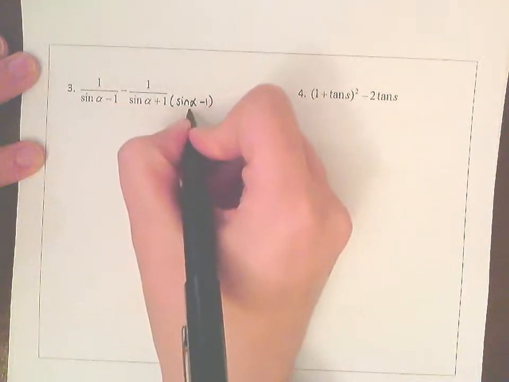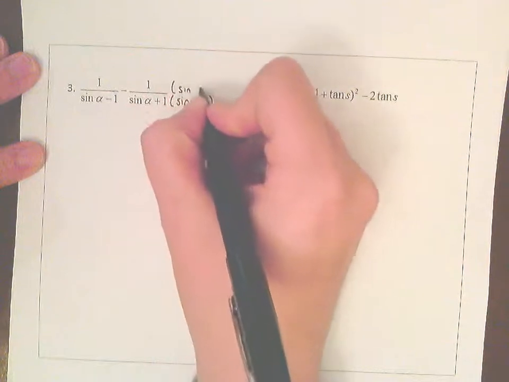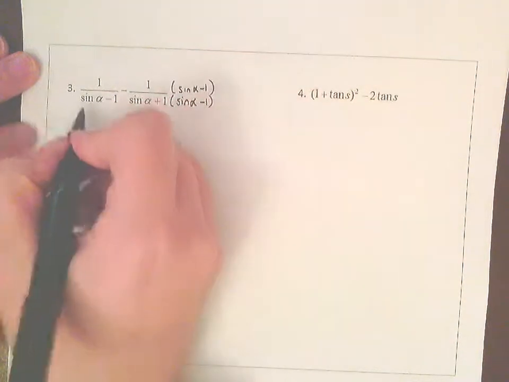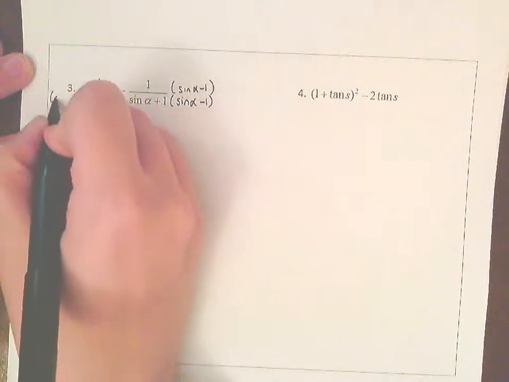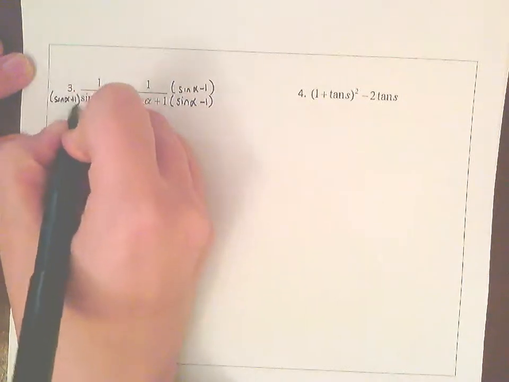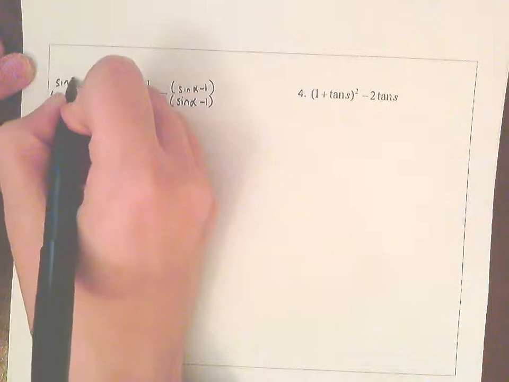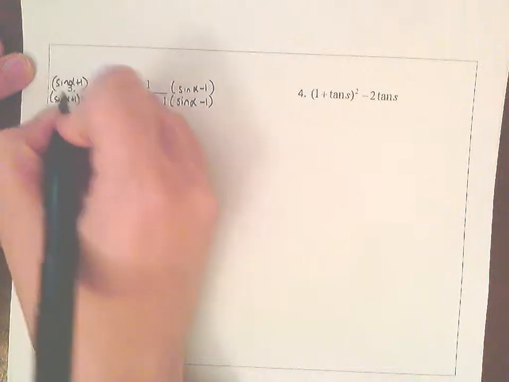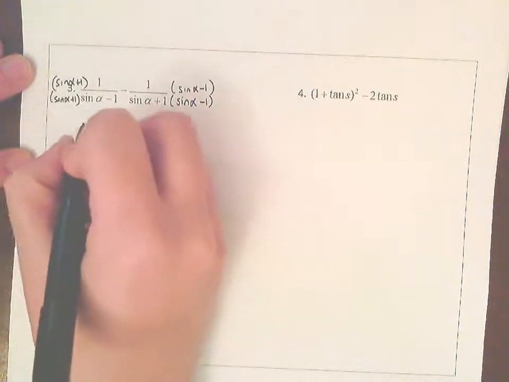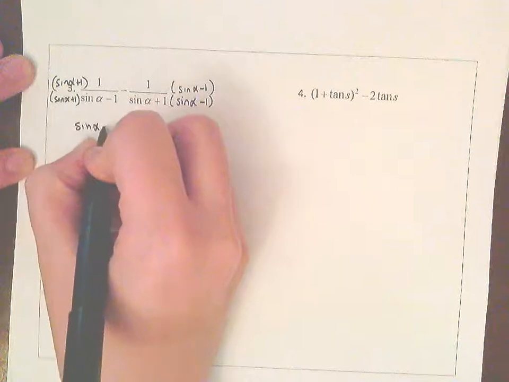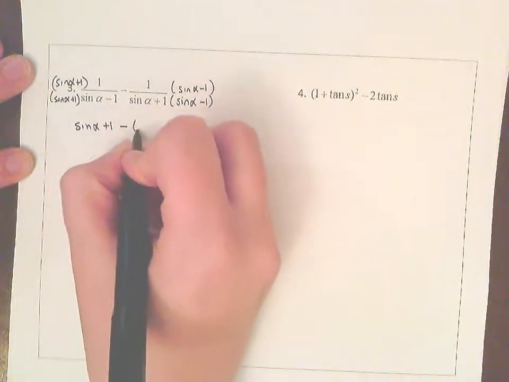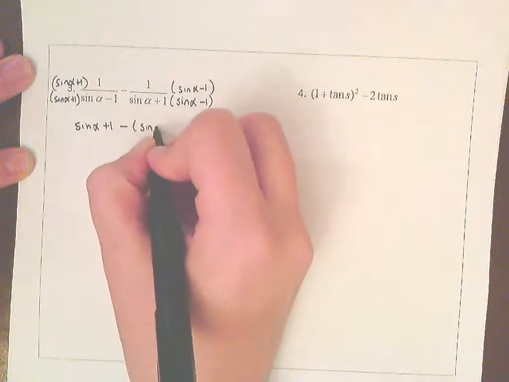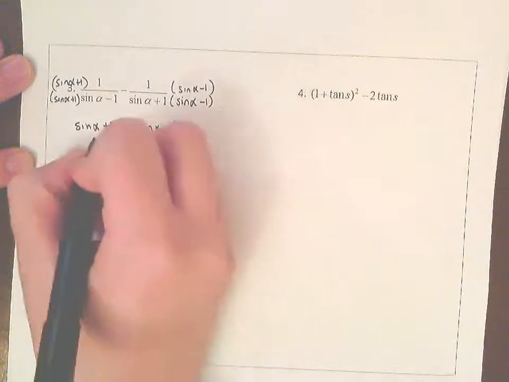And of course, what you do to the bottom, you have to do to the top. And then here, it's missing sine of alpha plus 1. And what you do to the bottom, you have to do to the top. So what we end up with is sine of alpha plus 1 minus sine of alpha minus 1.